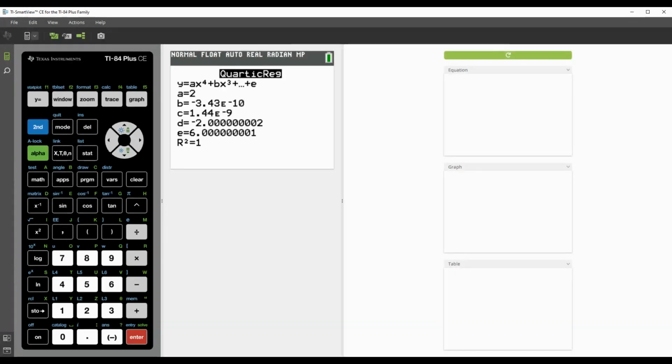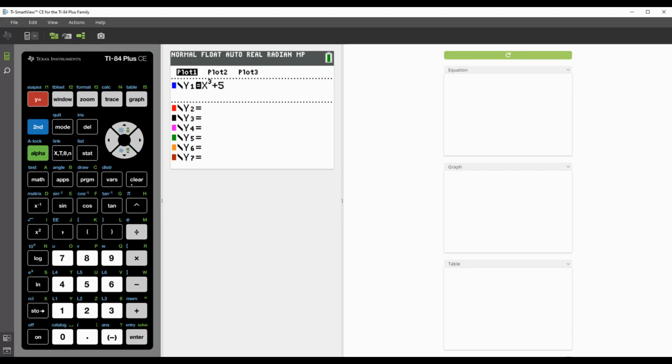And again, I look at this and I say this e to the negative 10, that means it's pretty much 0 because it's 0.00000000003. So it's tiny. But I do have a d of 2 and an e of 6 that I need to record. So when I go to my y equals, I can just hit clear. It's going to be 2x to the 4th minus 2x plus 6.